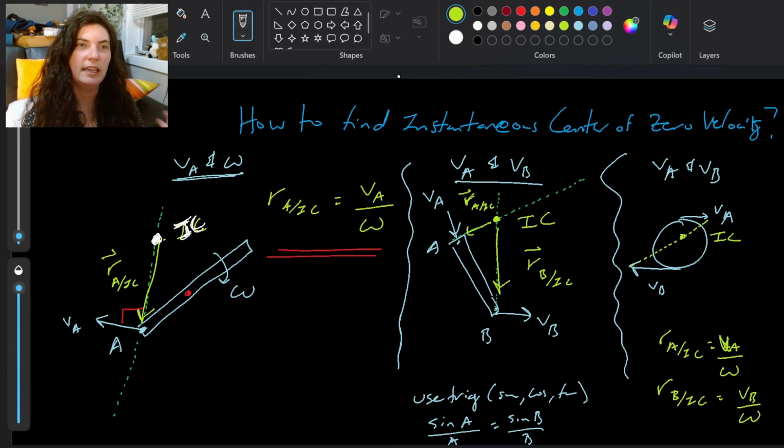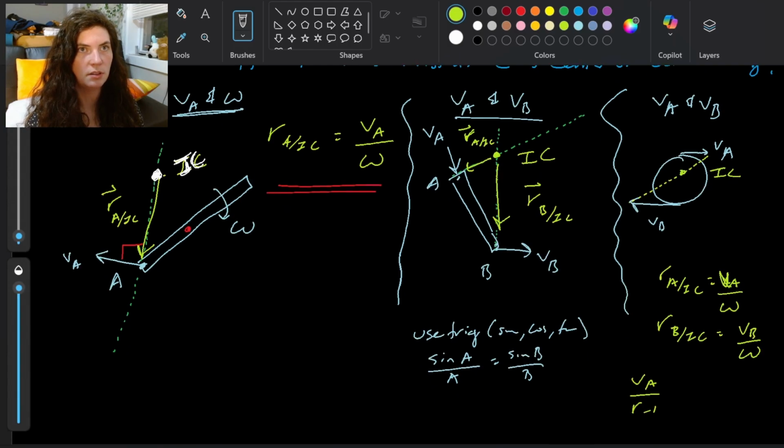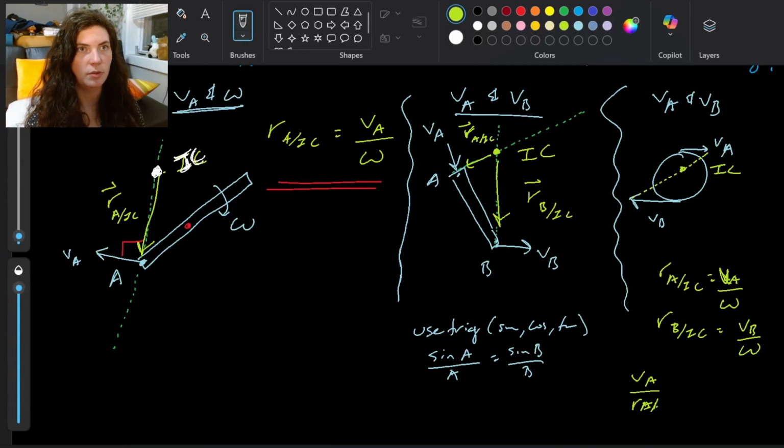Even though we're not given our omegas here, what we often do is equate the omegas in each of these equations, where we get some relationship that says VA over RA with respect to IC equals VB over RB with respect to IC.